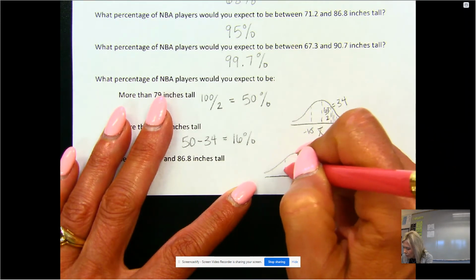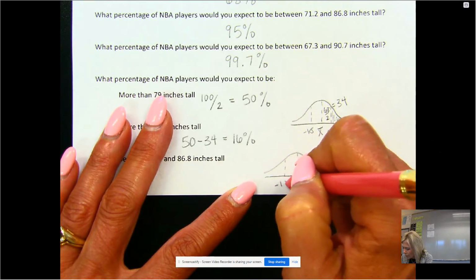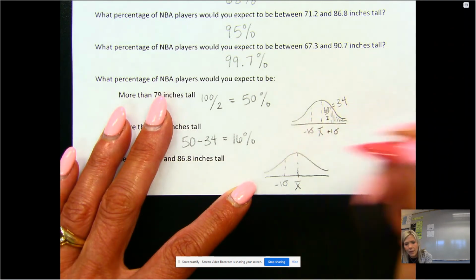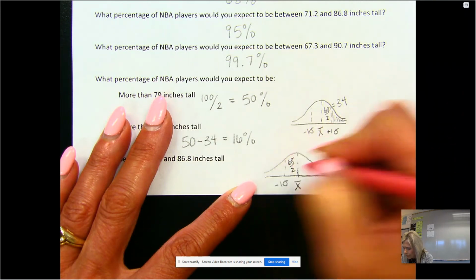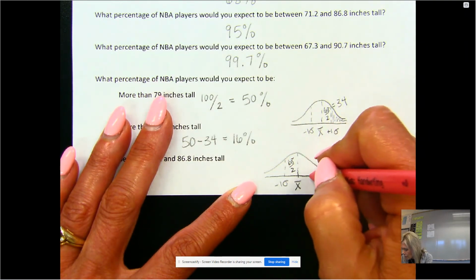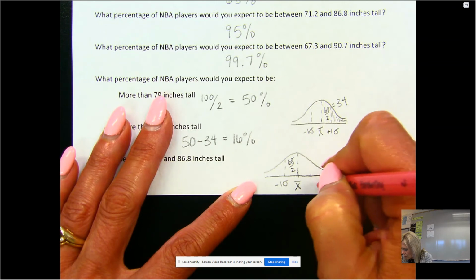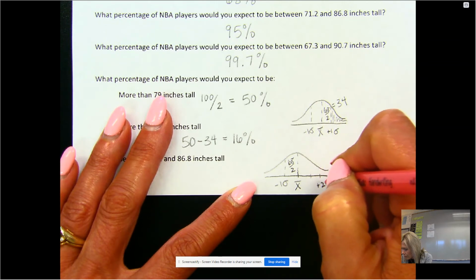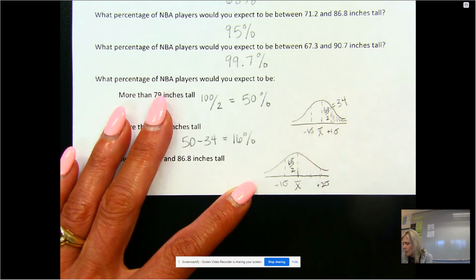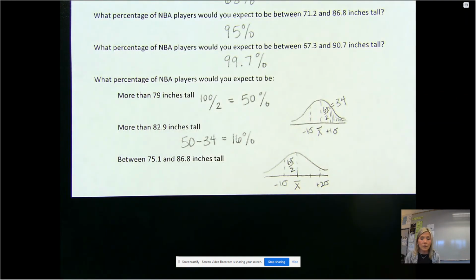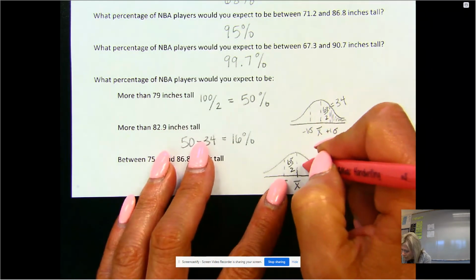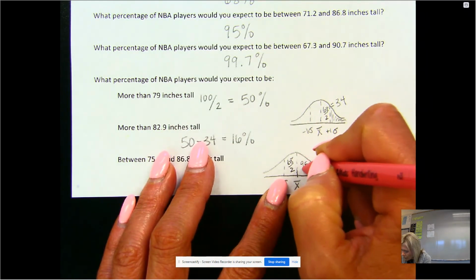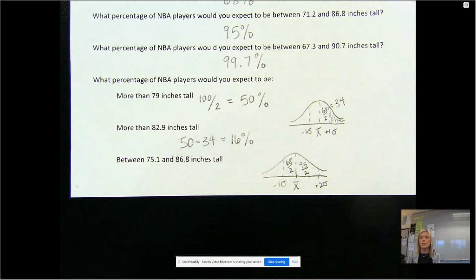I need to go from -1 standard deviation, which we just said was 68 divided by 2, half of 68, to +2 standard deviations. Okay? Well, 95% of the data lies within 2 standard deviations. So this piece here is half of 95, or 95 divided by 2.